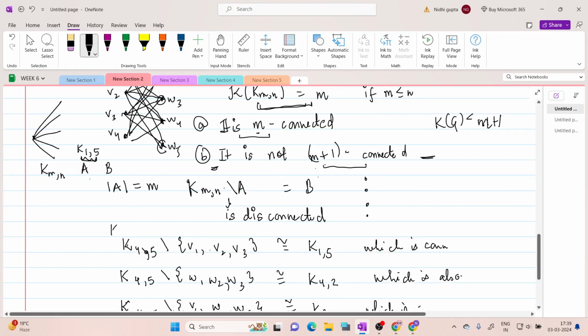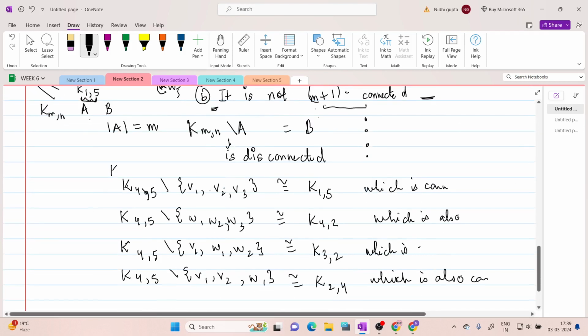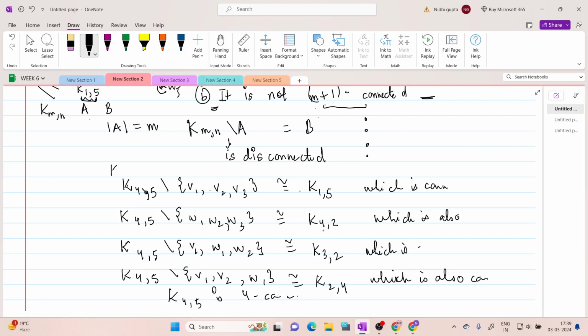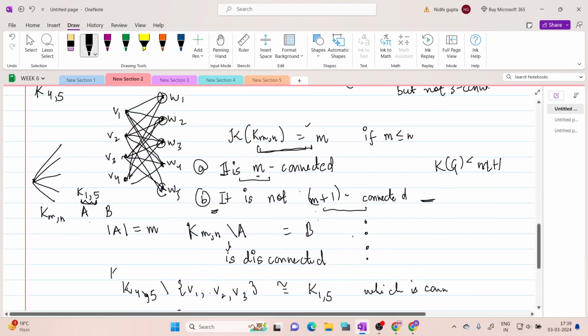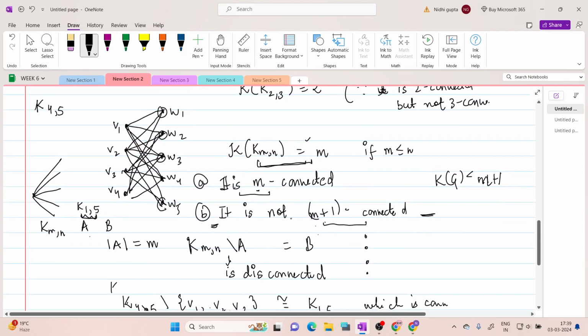So we have shown that, this is just one case for K45, that K45 is 4 connected. And we already know that K45 is not 5 connected, because if I remove V1, V2, V3, V4, then this graph becomes disconnected.